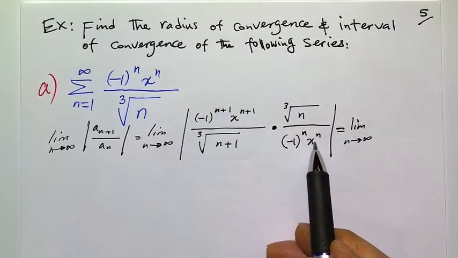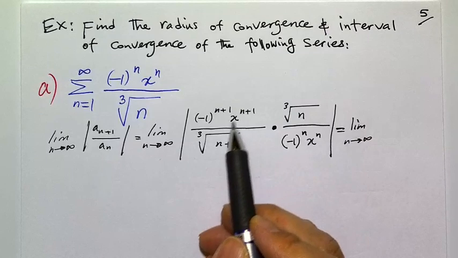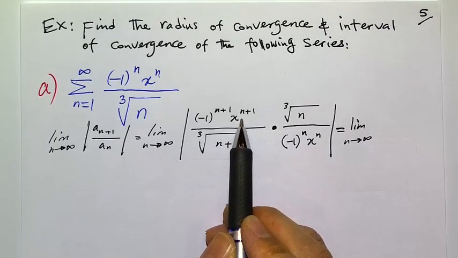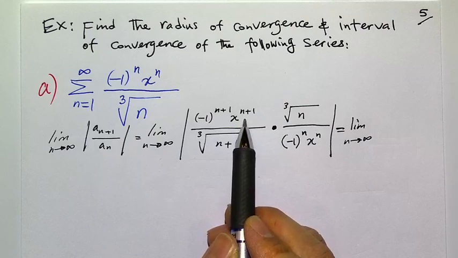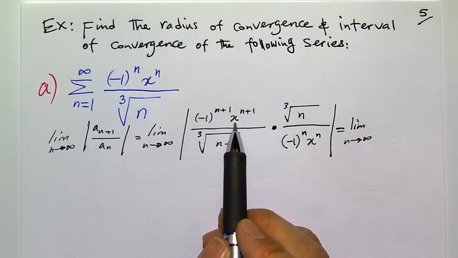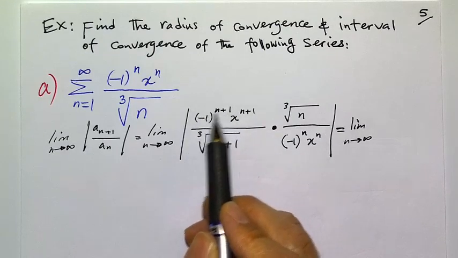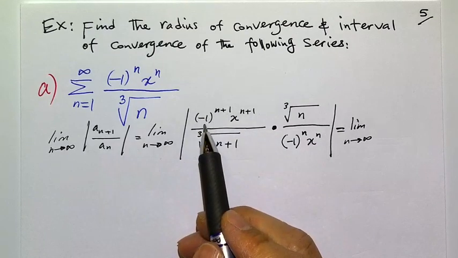And this x to the n power and this x to the n power, because everything is being multiplied, they cancel out. We just end up with an x in the numerator. And because we have absolute value, this minus 1 to the n plus 1 power just drops out.